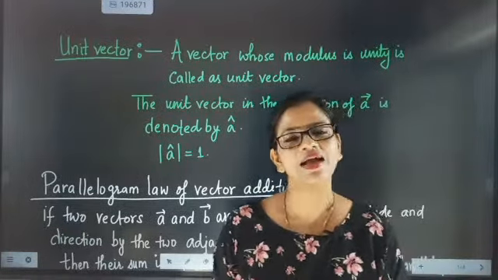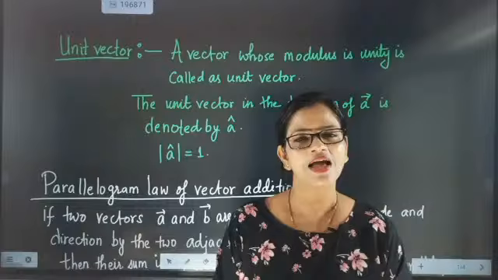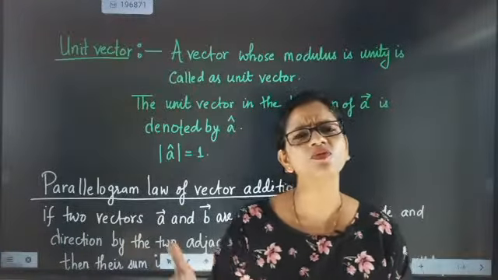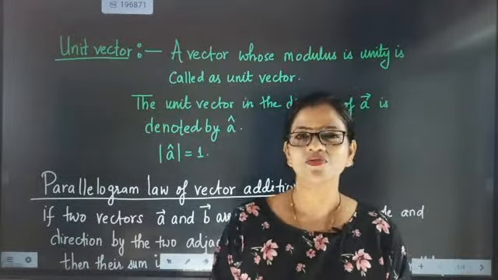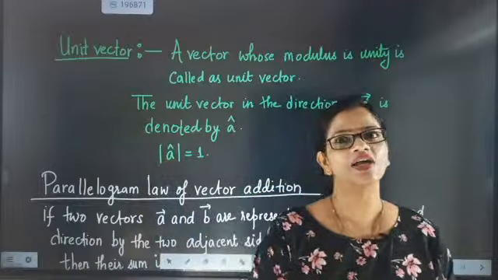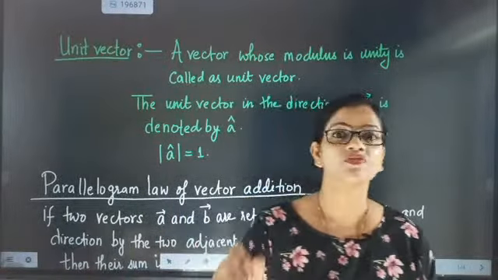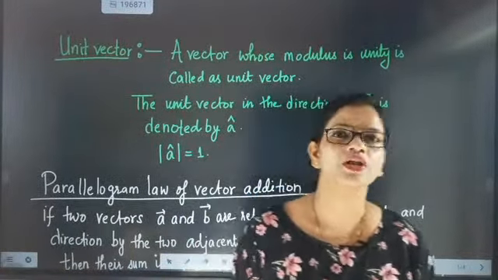Because 5 is exactly having a magnitude. Then what is the need of that 1? Then I said that 1 is a very special type of vector and this one is called a unit vector, and this one will give direction to 5 and it will make 5 a vector. It is a very important point.